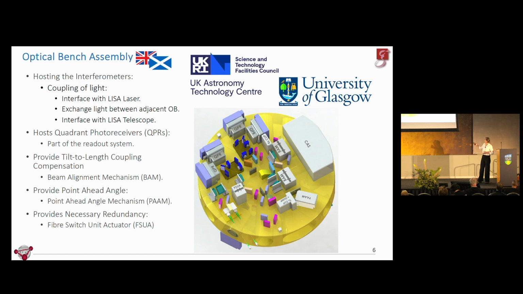We can see those here. And provides a necessary redundancy for the interface of the laser system and the optical bench, as well as 2 optical benches being connected via backlink by hosting the fiber switch unit that switches between nominal and redundant fibers.